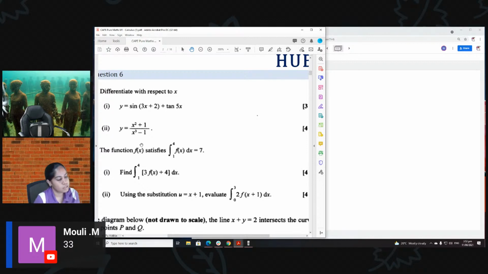Right, so u is equal to x plus 1, du dx will give you 1, dx making dx the subject will give you du. I hope everyone followed me there. So we're going to put that substitution into here.